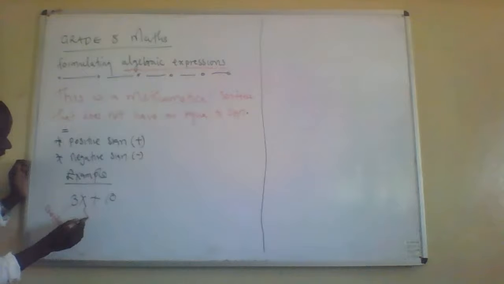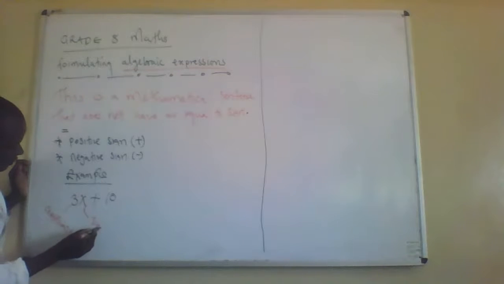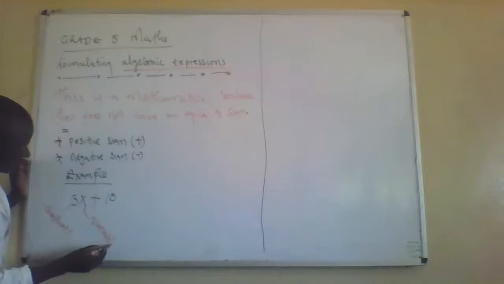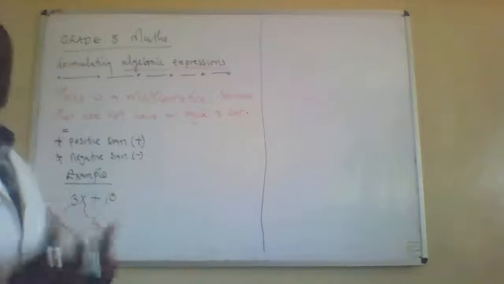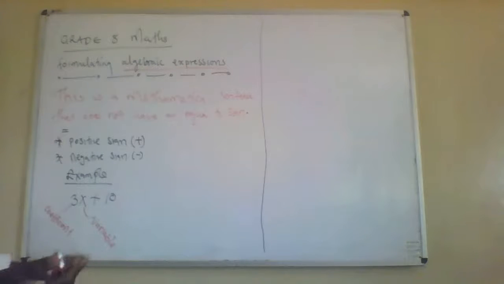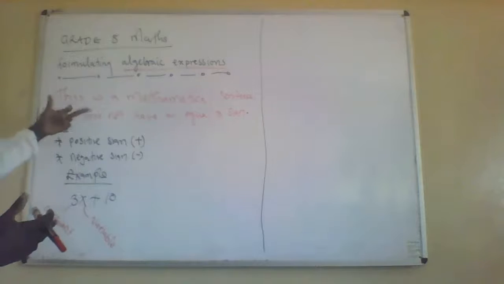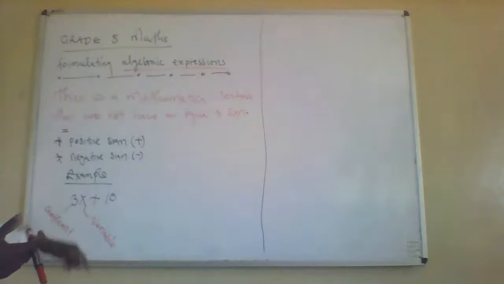Then this letter x is called a variable. But it's not always that a variable should just be x. The variable can be y, can be m, can be l, any letter that's found in the alphabet. When you write it in the mathematical sentence, that letter becomes a variable.